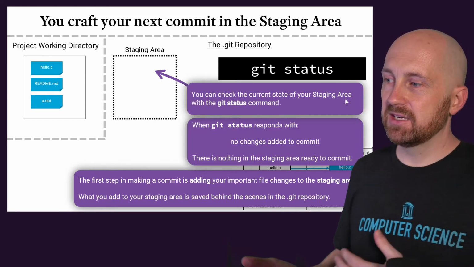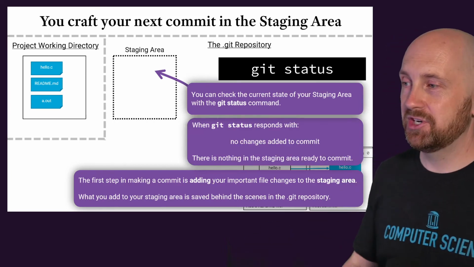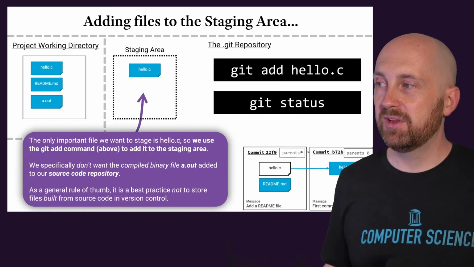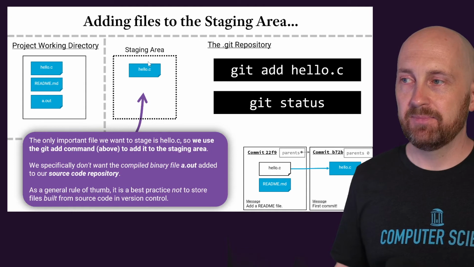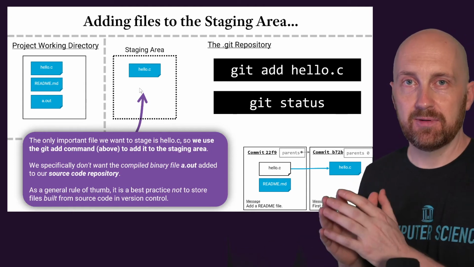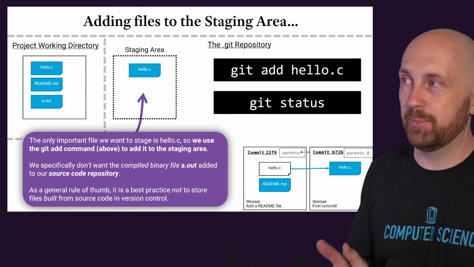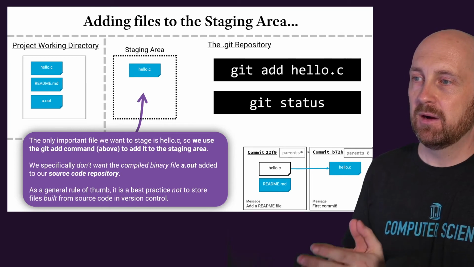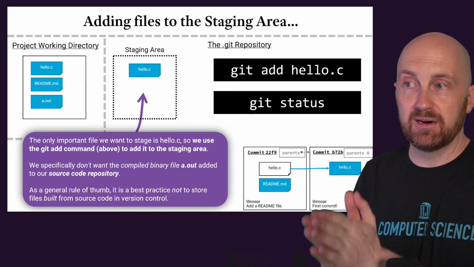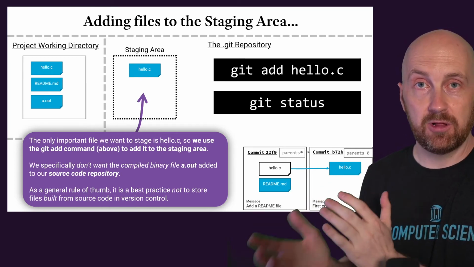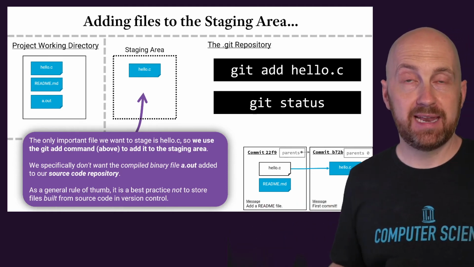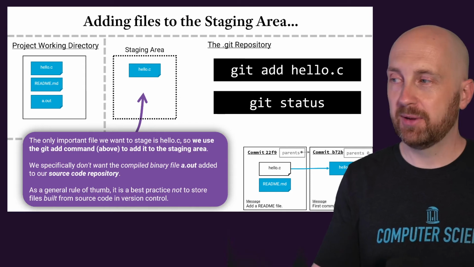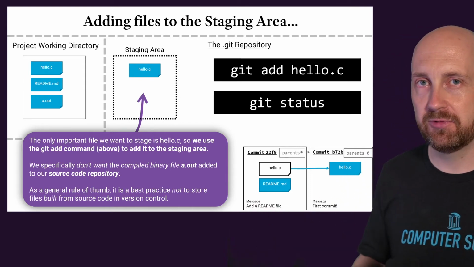So status tells us that previously we had no changes to make a commit in, but we said git add hello.c, and now in this staging area, and again, the staging area is found in that hidden .git repository behind the scenes, we've added a copy of where hello.c currently is, all of its contents, to the staging area. And if we wanted to make a commit now, we could, because we've started to build up this stage. But there are a few things I want to say before we do that.